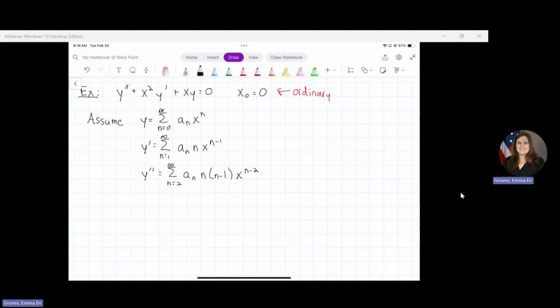We have y, we have y prime, we have y double prime, we have a differential equation. We're just going to substitute those into our differential equation.